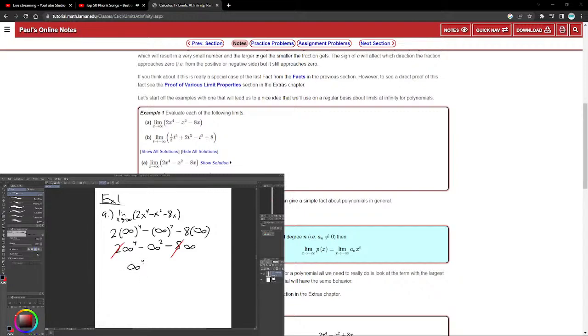So we got infinity to the power of 4 minus infinity to the power of 2 minus infinity. And you only care about the highest exponent. And since it's a positive infinity, and it's an even exponent, well, even if it was odd, it would still be positive, so the answer is positive infinity.